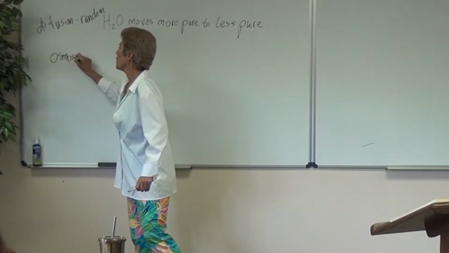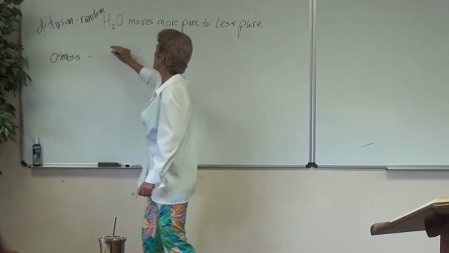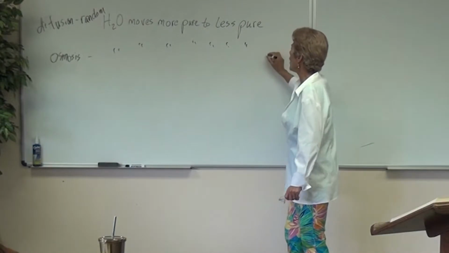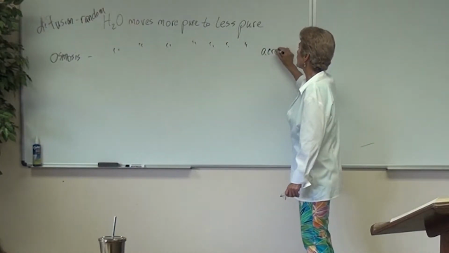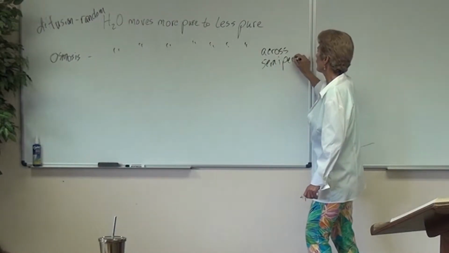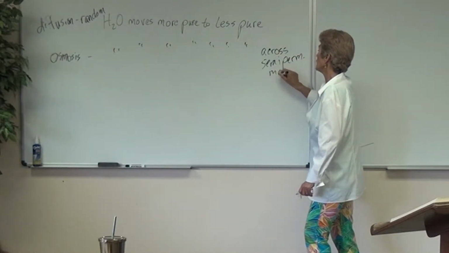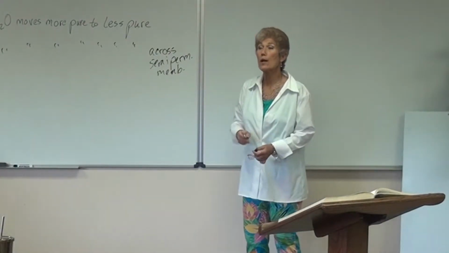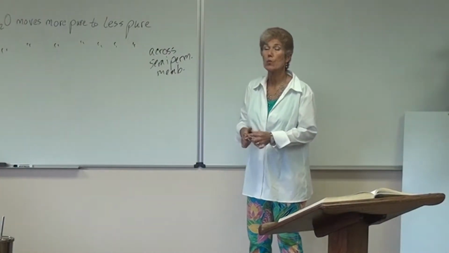Osmosis is this process across the semi-permeable membrane. I know, we've got to define that. It's all good. It was the vocabulary word right above the word osmosis. So we'll get back to that.